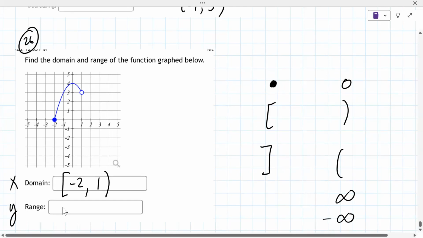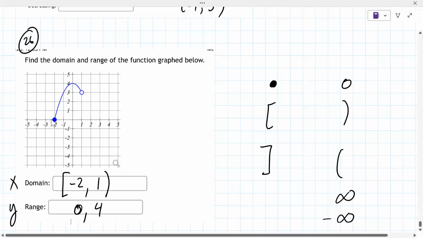Now the range is the min. What's the smallest y value? Negative 2? Nope, that's the x. What's the y value there? 0. What's the largest y value? The peak, the max. 4. Now, does it include 0? Is it solid at 0?